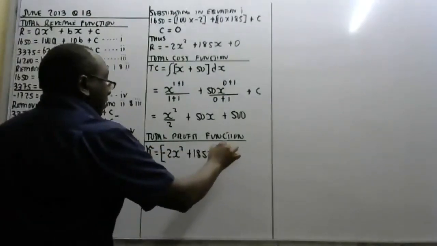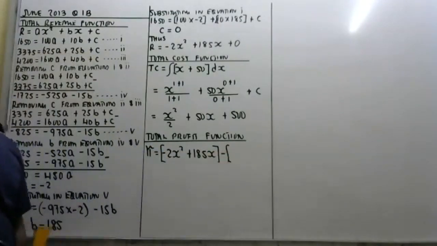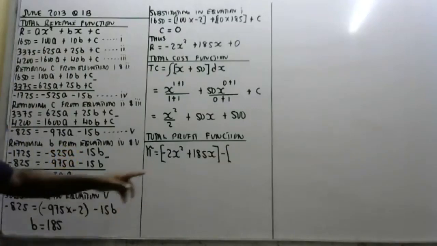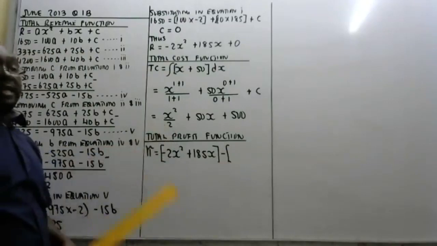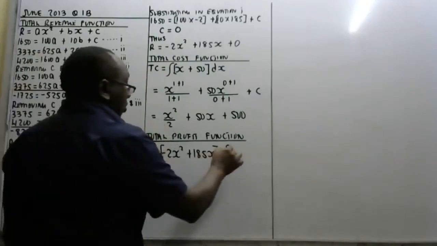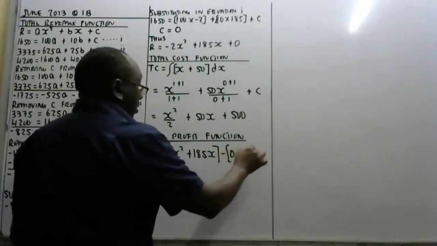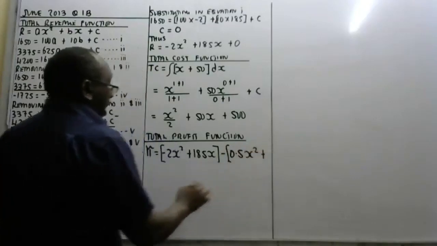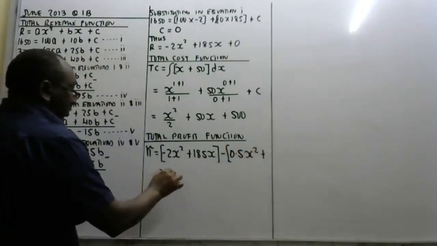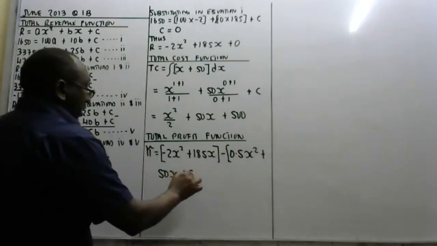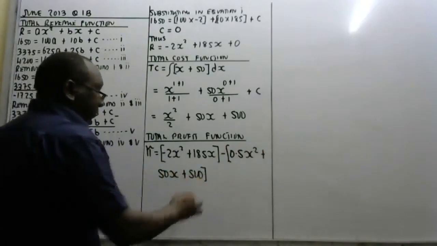You subtract the costs. Now this one, we can write it as 0.5x squared plus 50x plus 500.